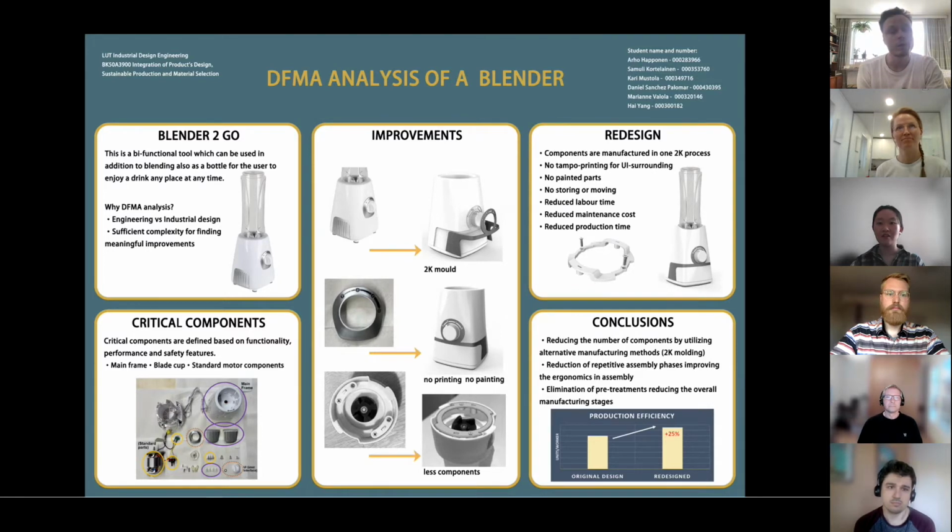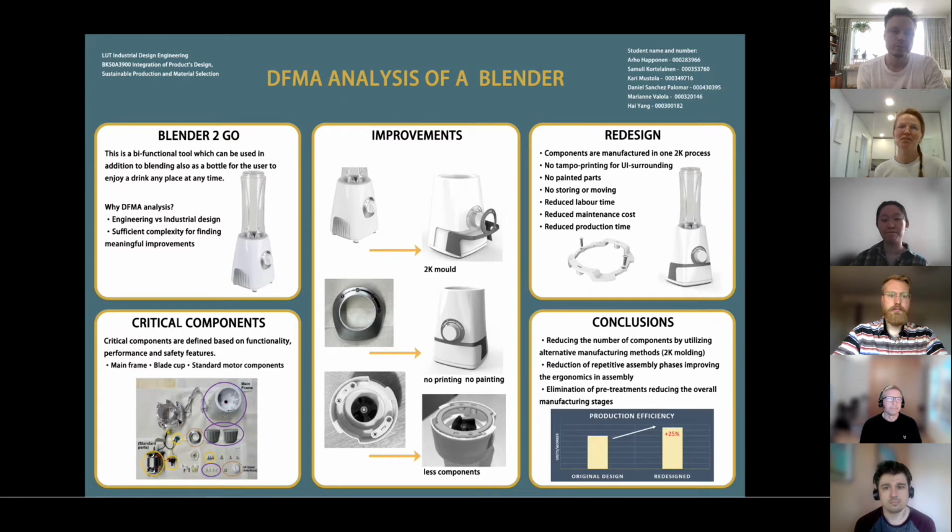Also, as we wanted to have a hands-on approach to this project, and we wanted to purchase this blender, each one of us, the product was quite affordable, which made it possible for us to do so.